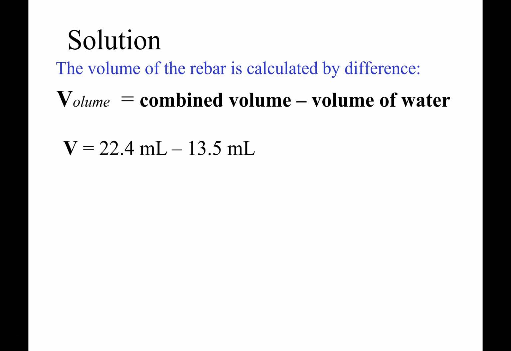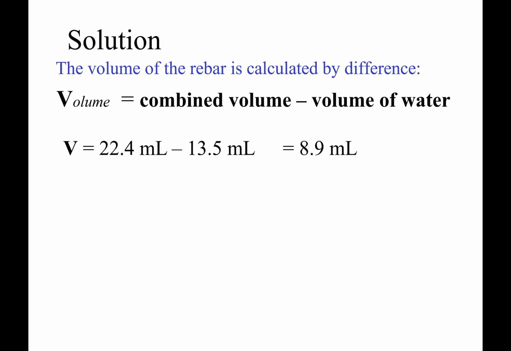So of course we can get the volume of the rebar by difference. We take the volume of the water before the rebar was in there minus the volume that was there with the rebar, and we get the displaced volume. We don't do a lot of subtraction or addition in chemistry, not as much as multiplication and division, but we round according to decimals here.